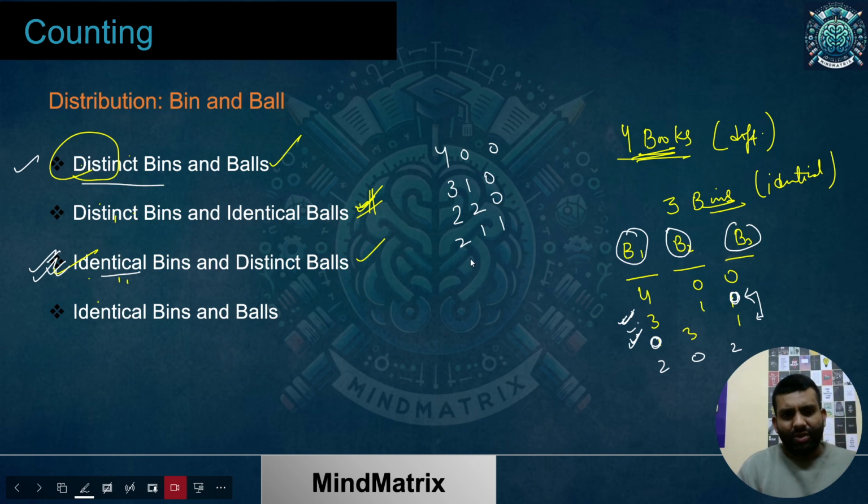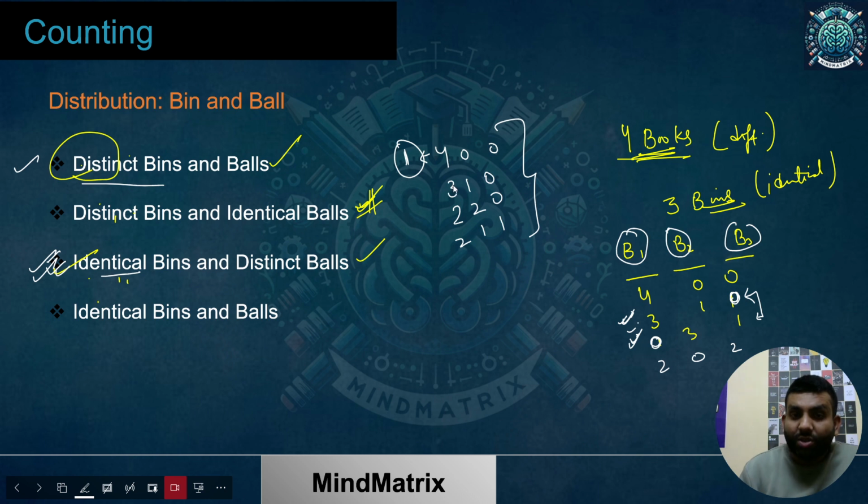I had only 4 books, so I guess these are the only cases. If you find some more cases, just find them out. Because I'm selecting 4 books out of 4, it's 4C4. So this is counted as one way.